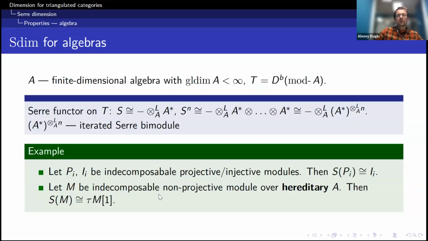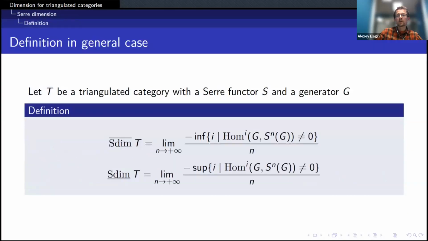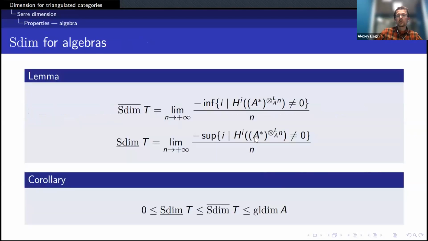And now I would like to say that for the case of derived categories of representations of algebras, these formulas have that form. So we take derived tensor powers of the Serre bimodule and look at their cohomology.